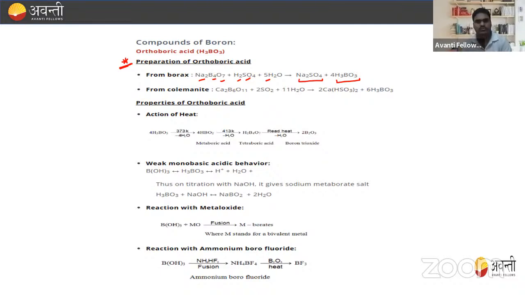Now, move to the next thing, that is the properties of orthoboric acid. This plays a very important role. So first is the action of heat.